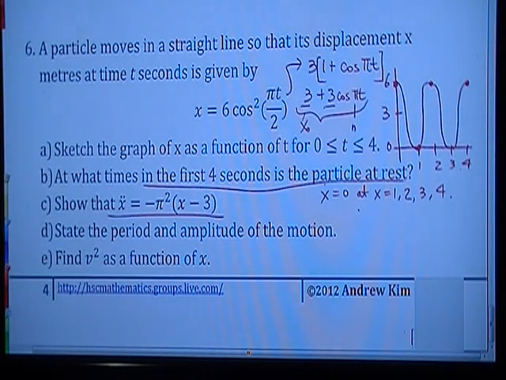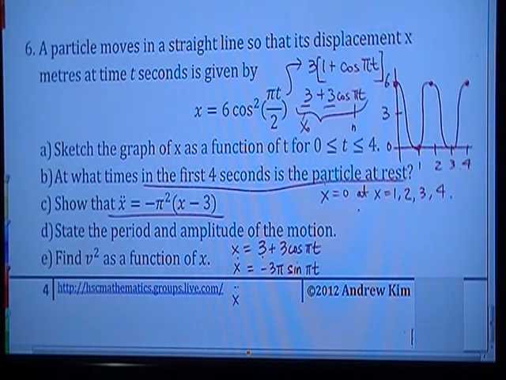So for this you've got x equals 3 plus 3 cos pi t. Your x dot equals minus 3 pi sine pi t.